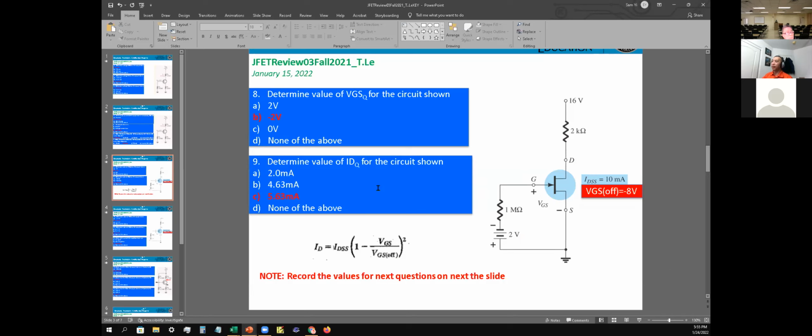Number 9, determine the value of IDQ for the circuit shown. The answer is C as in cat, 5.63 milliamps.